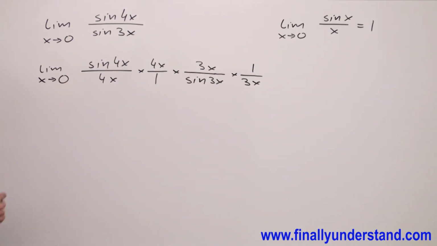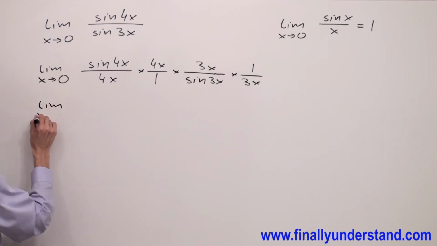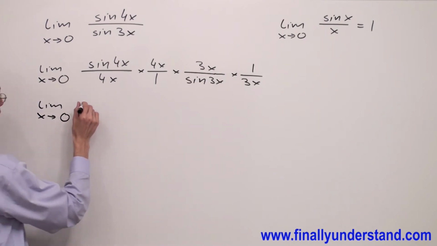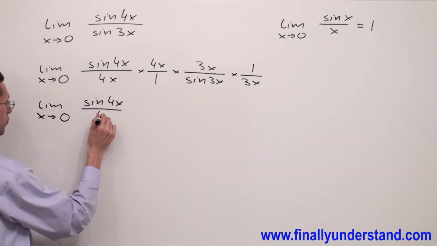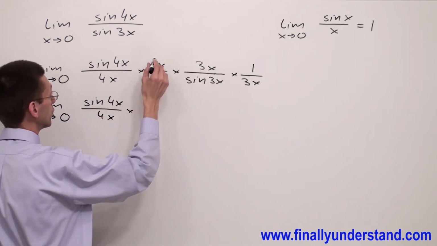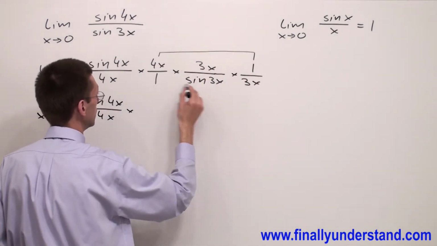Now, let's organize this a little bit, and I'm going to have limit x approaching 0, and I have sine 4x over 4x, and now I'm going to multiply these two fractions, numerator by numerator, denominator by denominator.